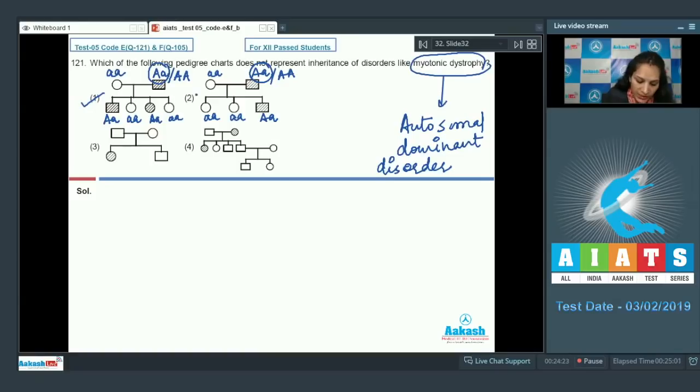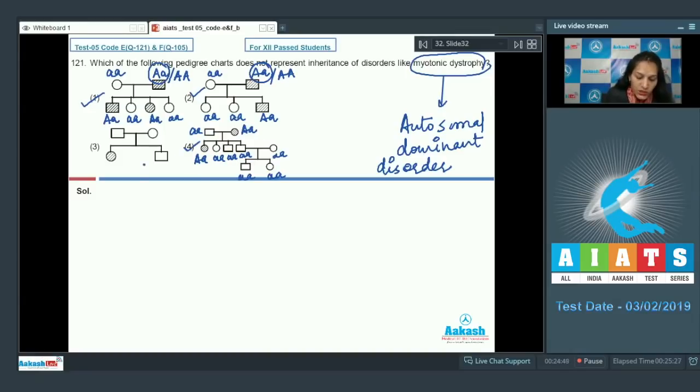So again this is possible. In the fourth case, again it should be small a, capital A, small a. It should be capital A, small a, small a, and it should be normal small a, small a. This is also possible.